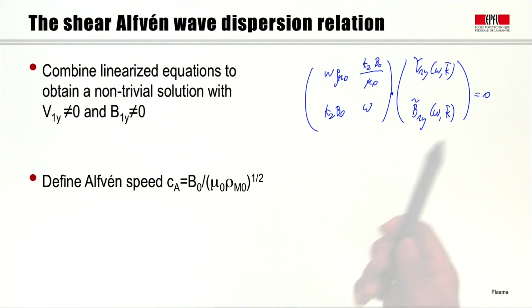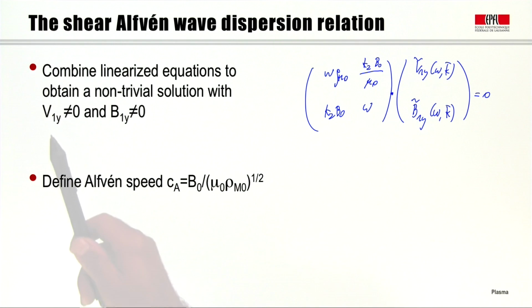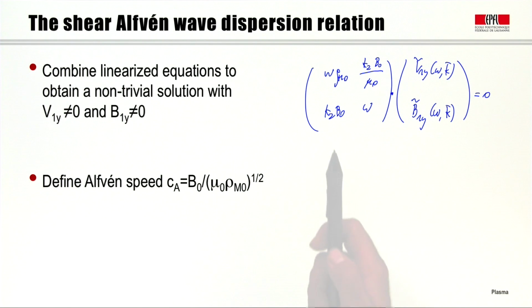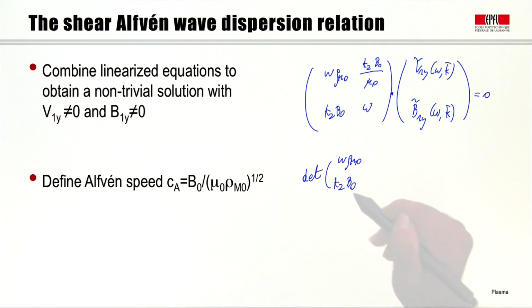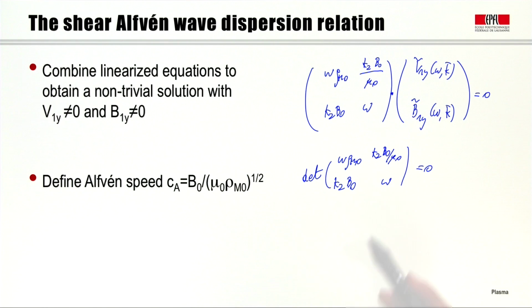Now we want to obtain a non-trivial solution, which has B tilde 1y and V tilde 1y both not equal to 0. And we obtain this solution by taking the determinant of this 2 by 2 matrix to be equal to 0. And this leads to the dispersion relation for the shear Alfvén wave.